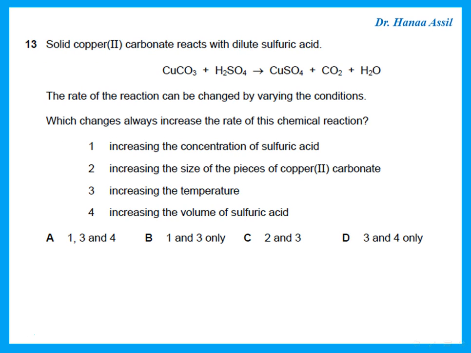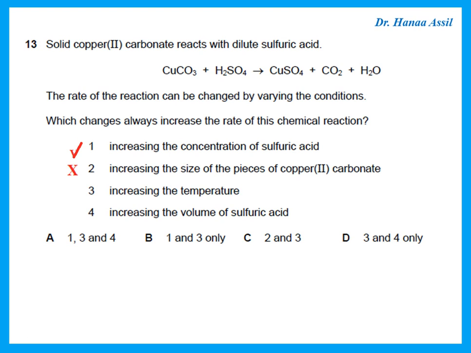Solid copper carbonate reacts with dilute sulfuric acid. The rate of the reaction can be changed by varying conditions. Which changes always increase the rate of this chemical reaction? Increasing concentration. Yes, we said when we increase concentration, it will increase the rate. Increasing the size of the pieces. Remember, when I use bigger pieces, that actually decreases the rate.